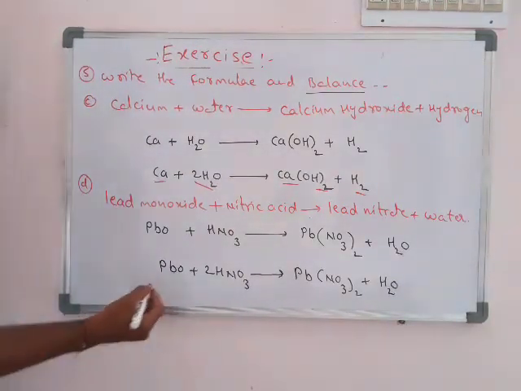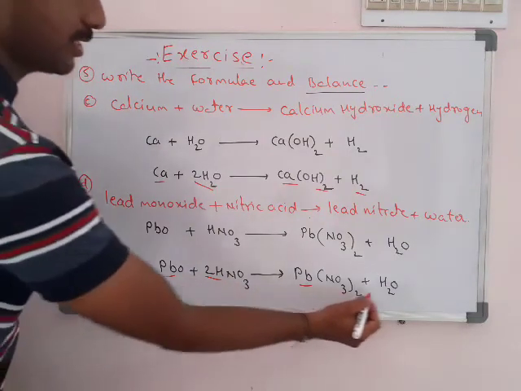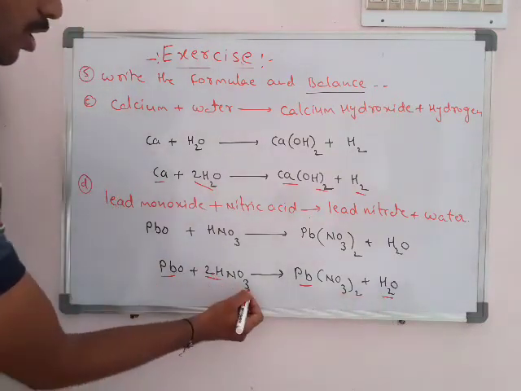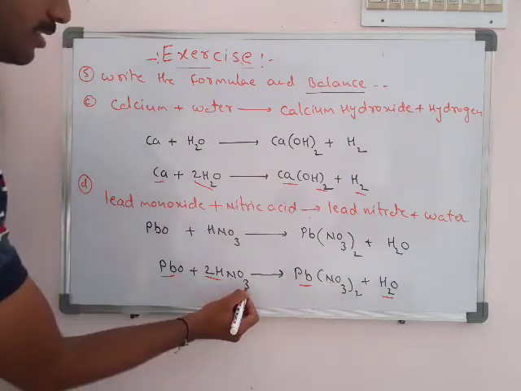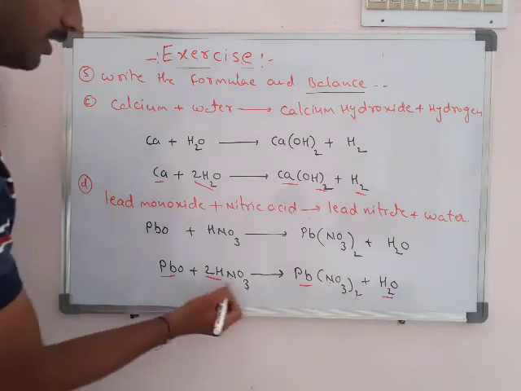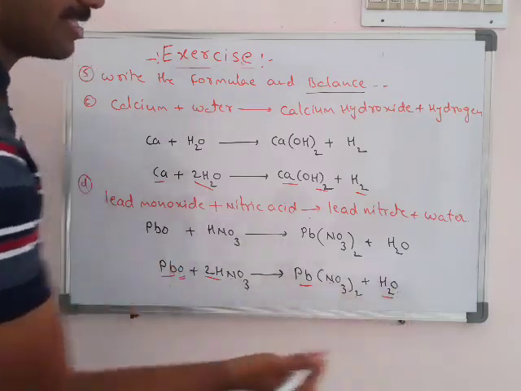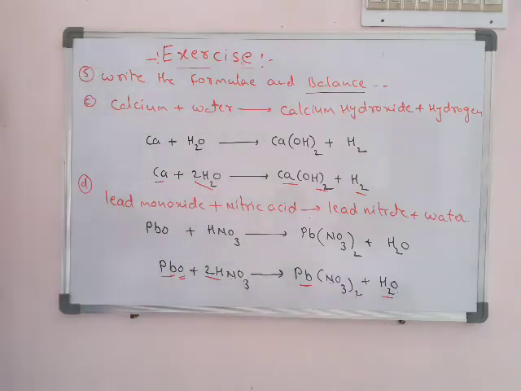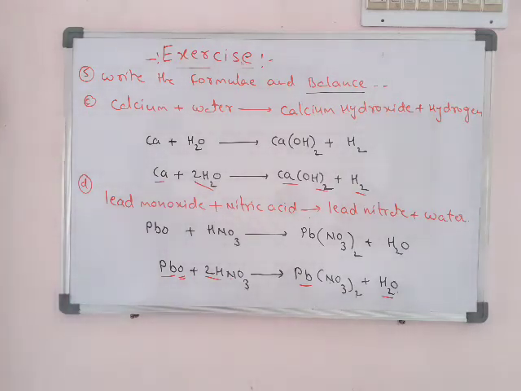One lead, two hydrogens, two nitrogens, oxygens 3 to 6 here, 1 is there, 7. Again 3 to 6 here, 1 is there, 7. So it is balanced. Like this many equations are there. I will send it today. Okay, it's compulsory.